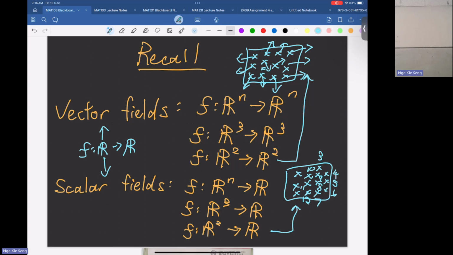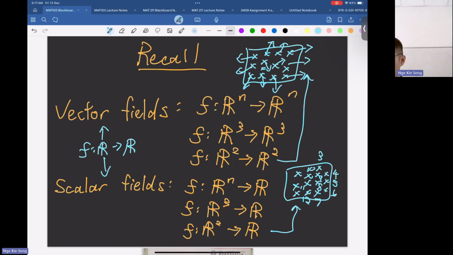Do you remember? From this kind of map from R2 to R, we can create a function from R2 to R2. Have you seen any vector in the partial derivative chapter? The directional derivative or the gradient.